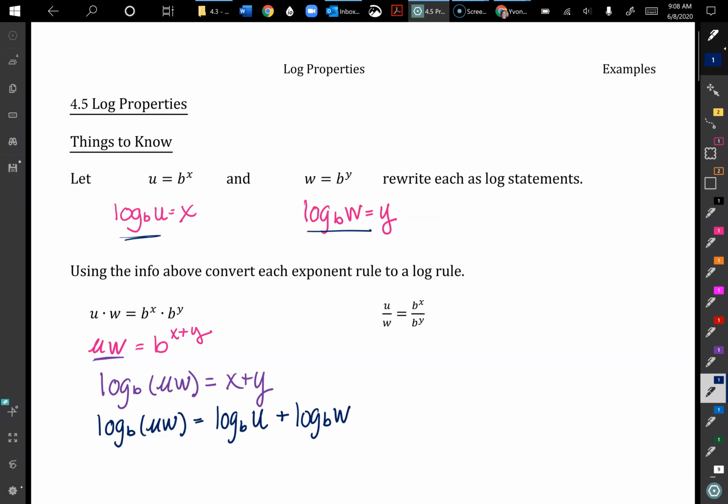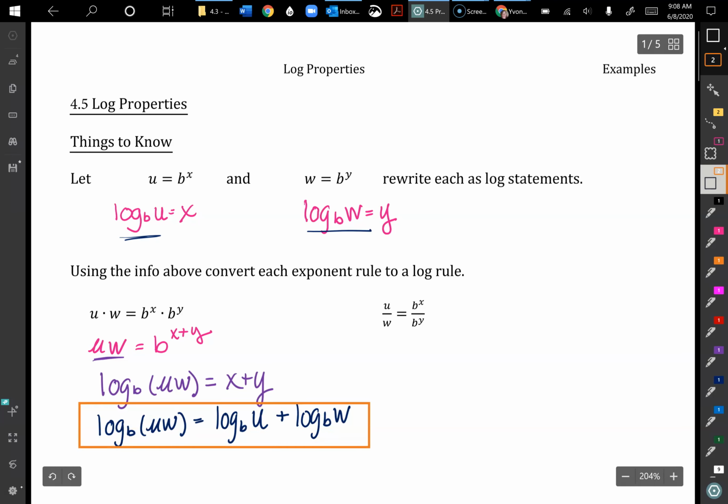If you haven't done proofs in a while, it might seem a little weird, but we're just kind of manipulating and setting things up so that we can have the same information but presented differently. So now we can use this. It's really important: when we have a log of two things being multiplied together, we know we can actually split them apart.